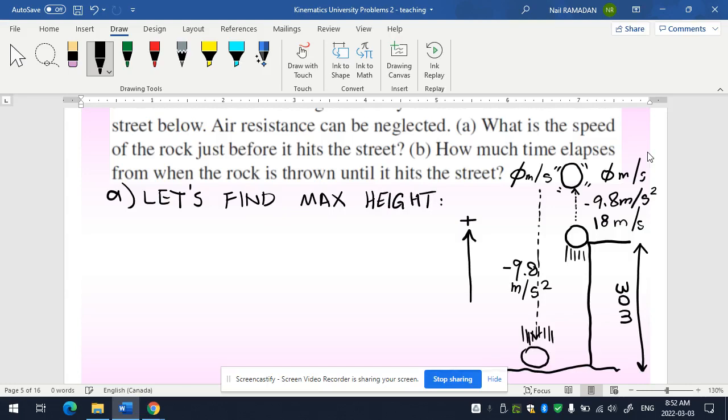Okay, let's find it. So VI is 18 meters per second. Acceleration is negative 9.8. And VF is 0. And delta D is the question mark. What's missing from this list? The time. Which equation has no time? Okay, let's apply equation number 5.